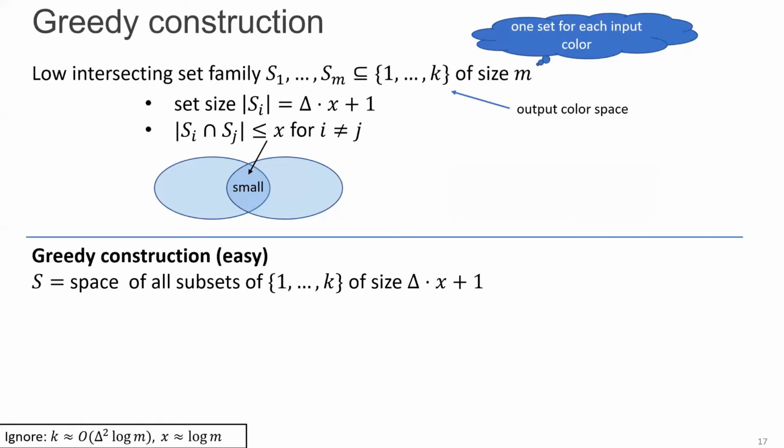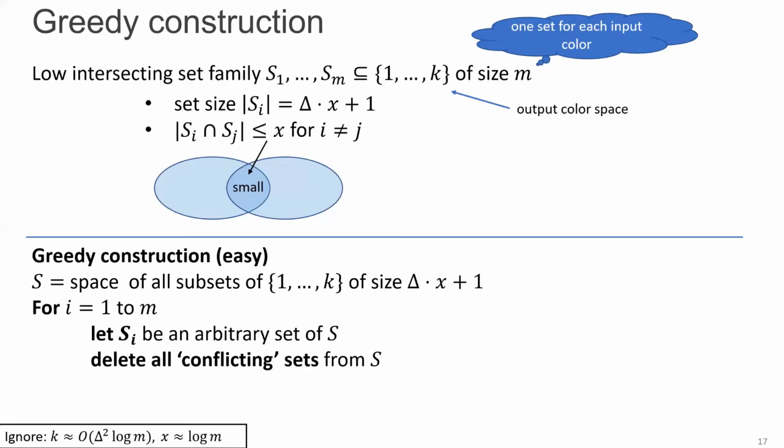Because what you can do is you just consider the space of all subsets of this fixed size. And then you just iterate. You pick your first set and you delete all sets which conflict too much with it. And then you repeat. You pick the second set. You delete all the sets which conflict too much with it, which have too large an intersection.